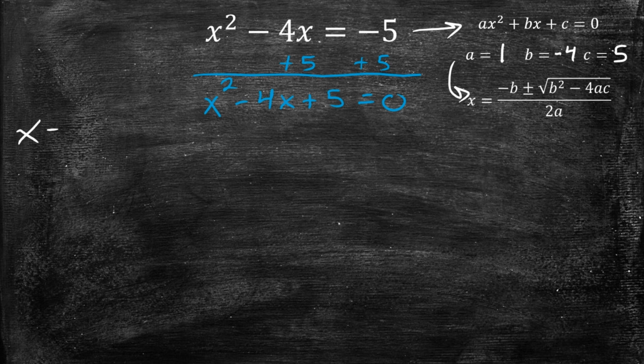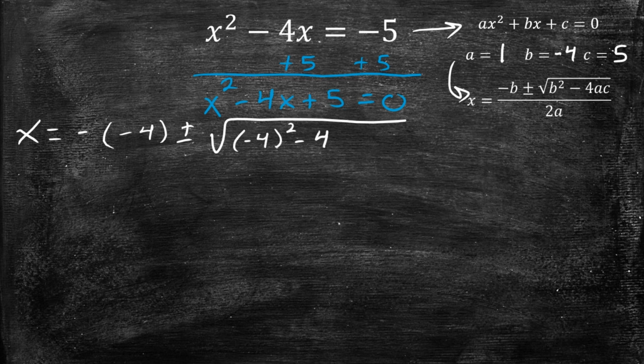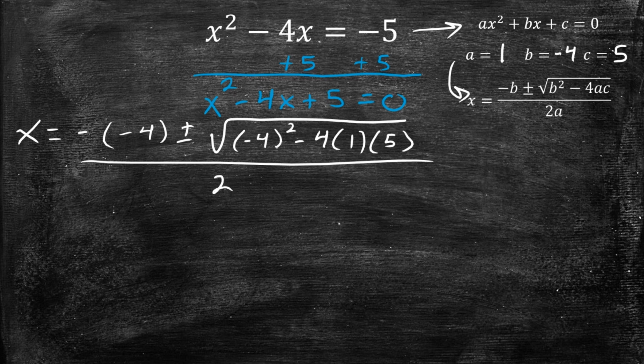We got x is equal to negative b, so b is negative 4, plus or minus the square root of b squared, so negative 4 squared, minus 4 times a times c, and that is all over 2 times a, just like that.